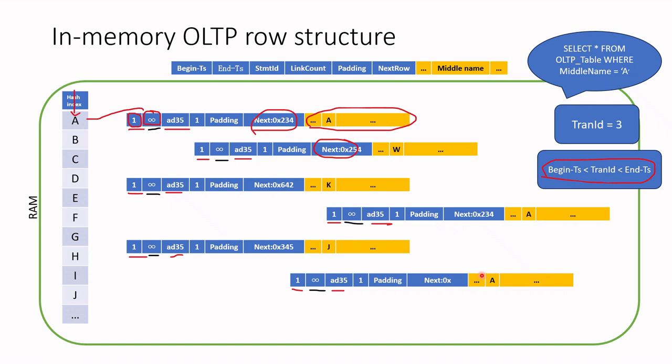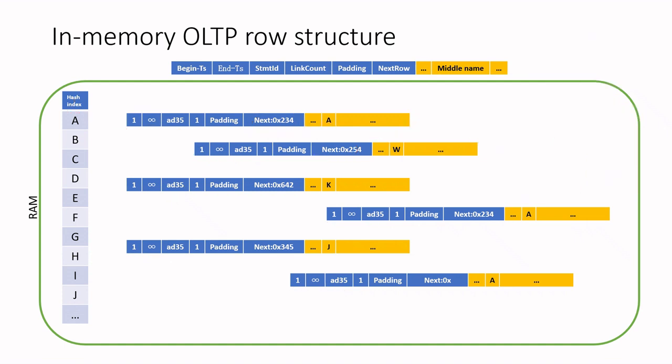Here our transaction ID satisfies the condition bigger than 1 and lower than eternity, so we take this row. Then, based on the next row pointer, we locate the next row and the same procedure is repeated until the last row. Finally, we have 3 rows returned, so a select query works in this way in Hekaton tables.